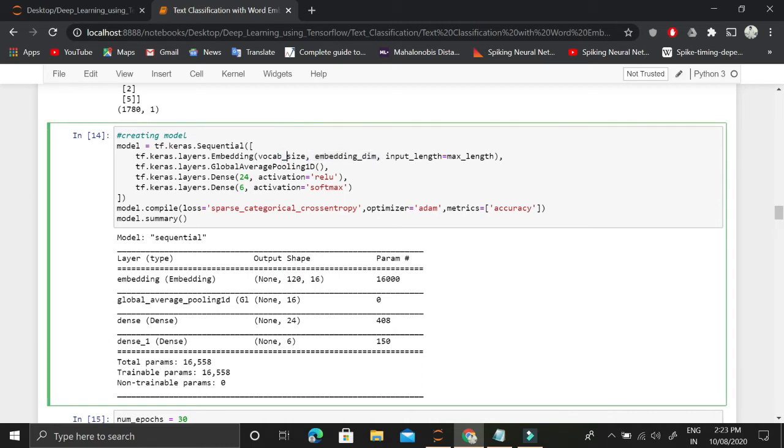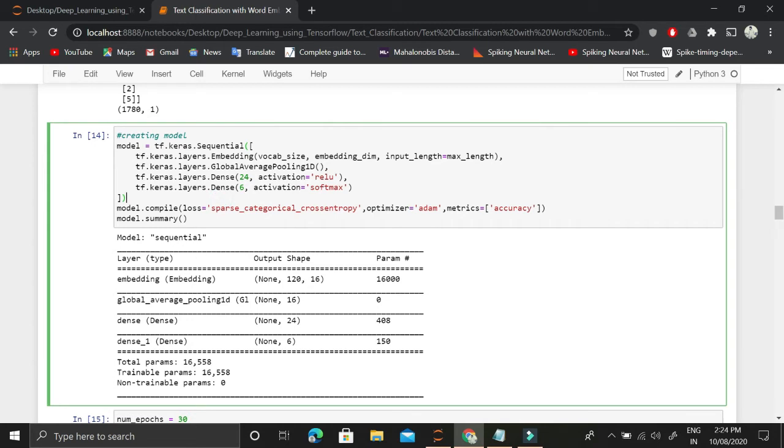Now what we will do is global average pooling. This is again a one-dimensional pooling, and once we have this, we get a single dimensional vector of 16. Then we apply a dense layer of 24 neurons or hidden units, and then apply the final dense layer of 6 units with a softmax activation. This is the final layer, and it will output the probability for each class.